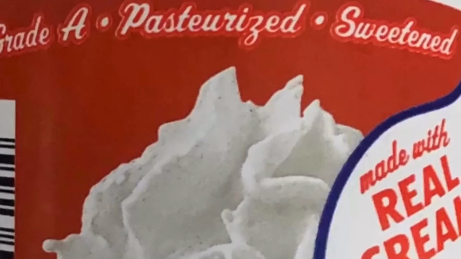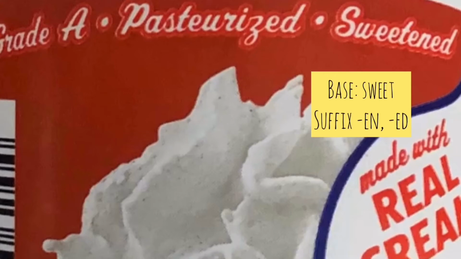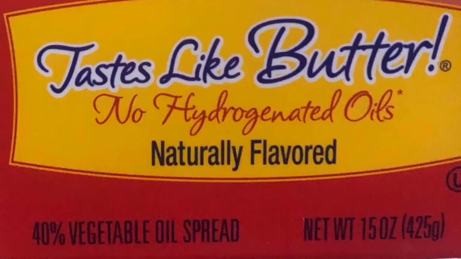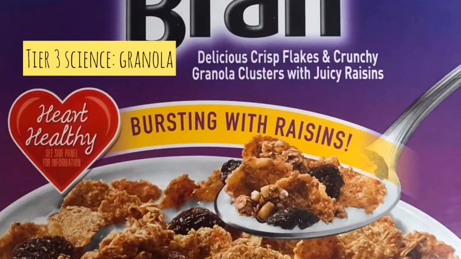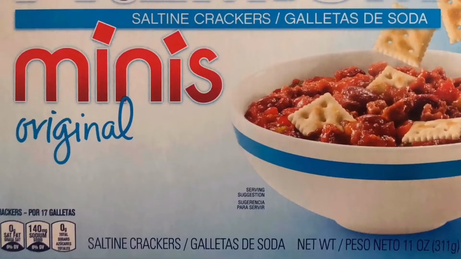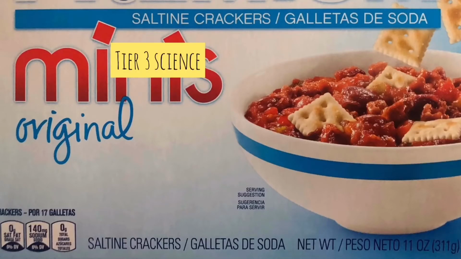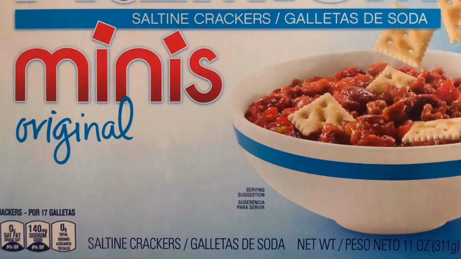Sweetened has 2 suffixes at the end, and the base is sweet. Try to pronounce this tier 3 science word, hydrogenated. We have granola as a science word and the suffix y for juicy. Saltine refers to having salt, science word.